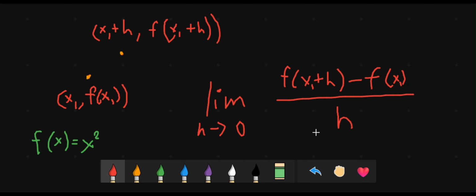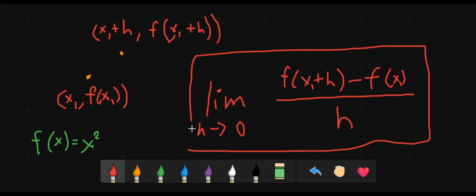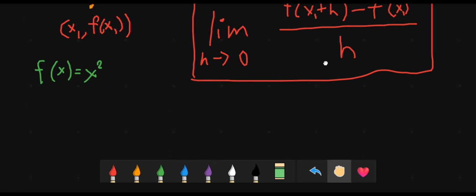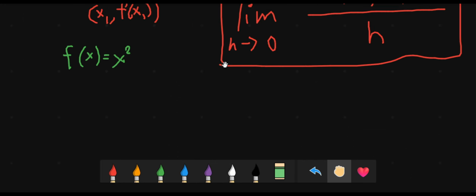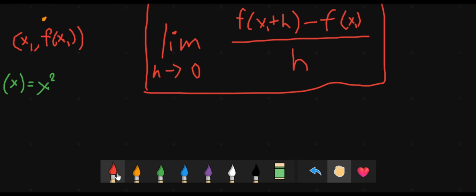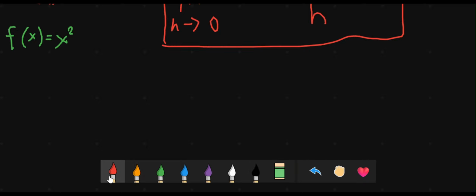So now that we have a general equation, let's use it to figure out what it would look like for f of x equals x squared. Rewriting this general equation: the limit as h approaches 0.